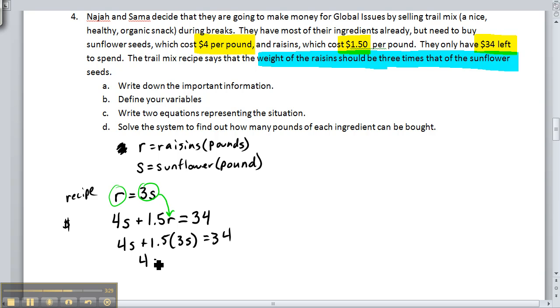Then I'm going to have 4S plus 3 times 1.5, which is 4.5S, equals 34. Add those together and I'm going to get 8.5S equals 34.